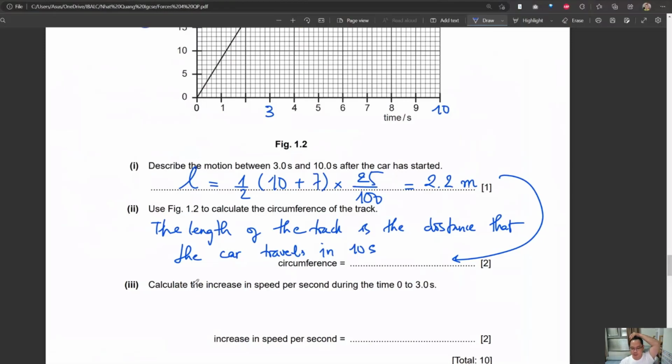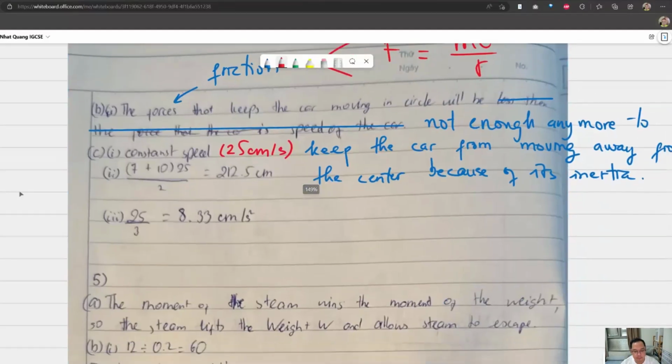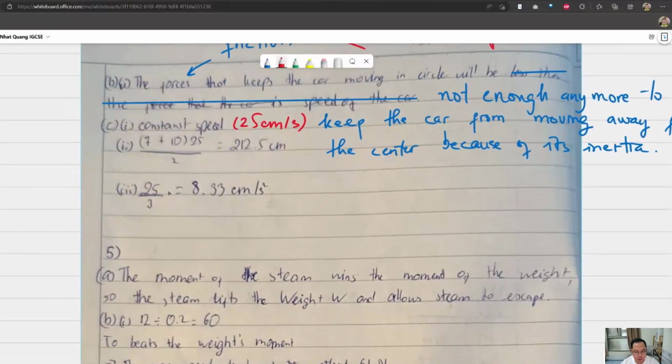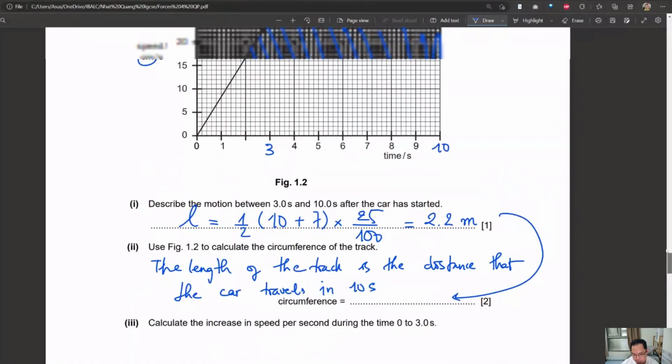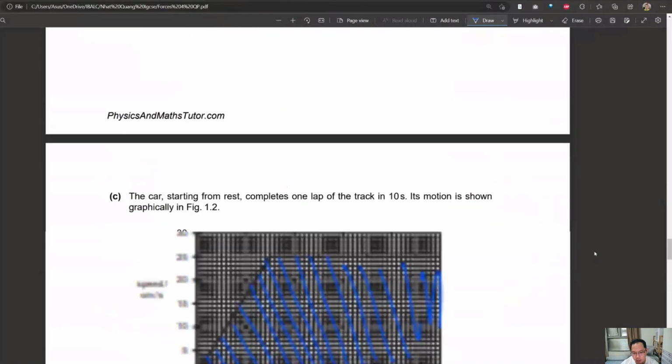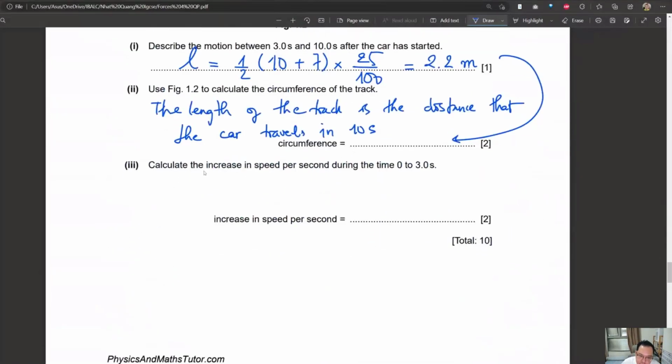Calculate the increasing speed per second during the time from 0 to 3. 25 divided by 3. The increasing speed per second. Okay. The whole phrase, the increase in speed per second, the long phrase here, means the acceleration.